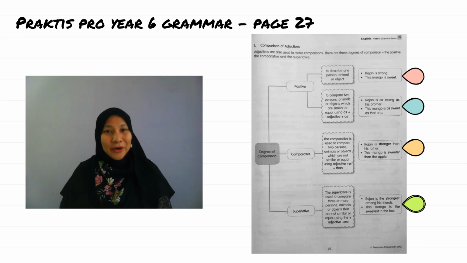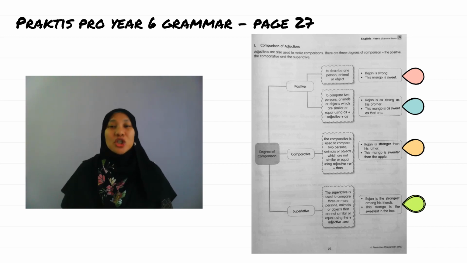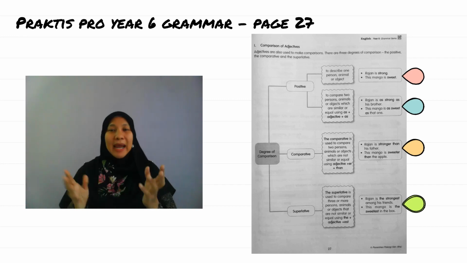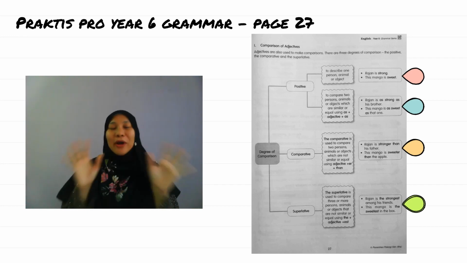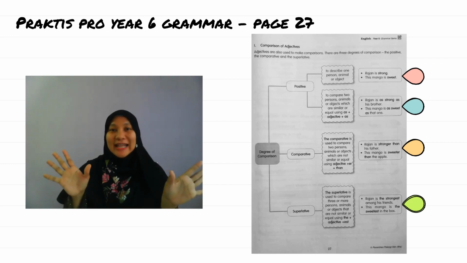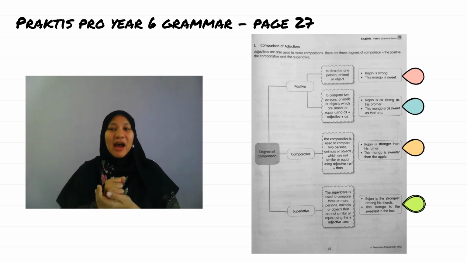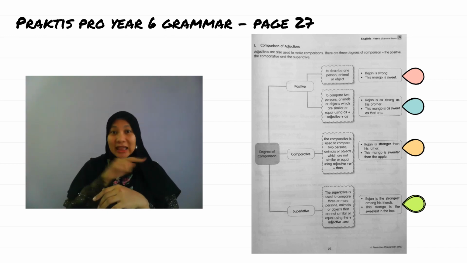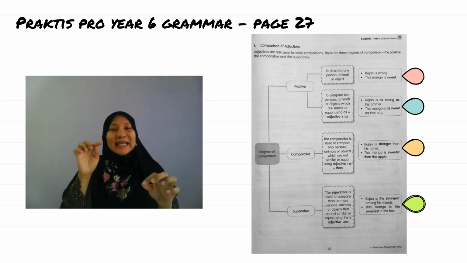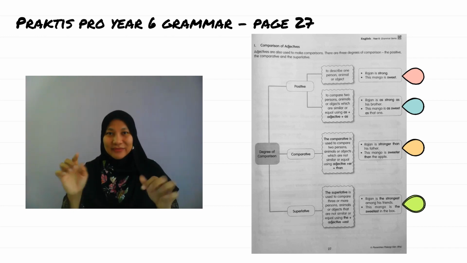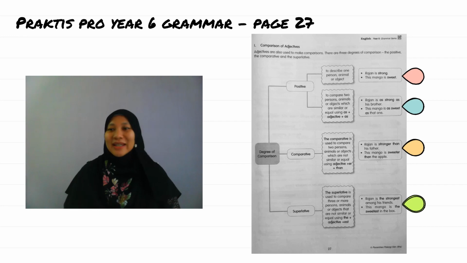The final point in green is the superlative. The superlative is used to compare three or more persons, animals, or objects and things that are not similar or equal, using the plus adjective plus est. I will show you the example.